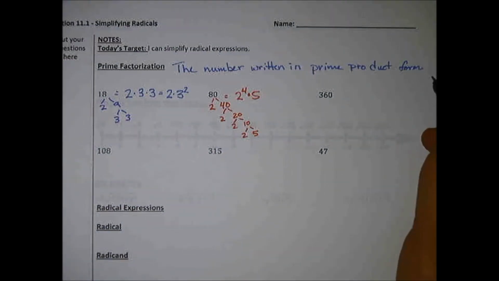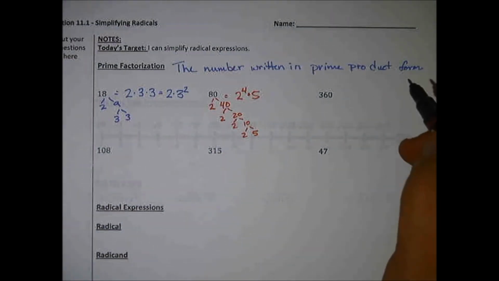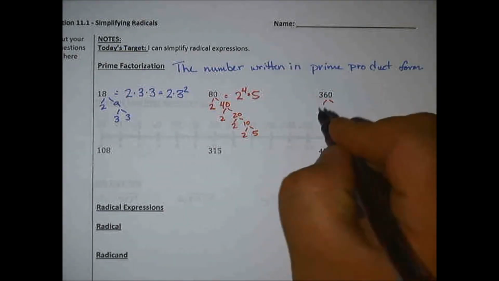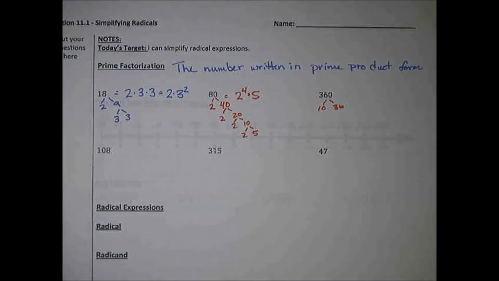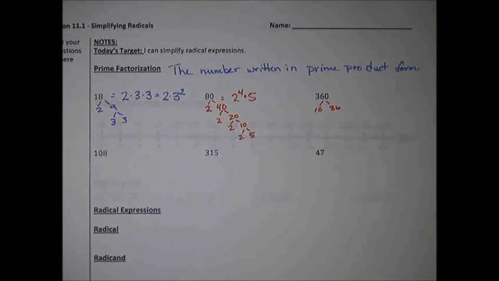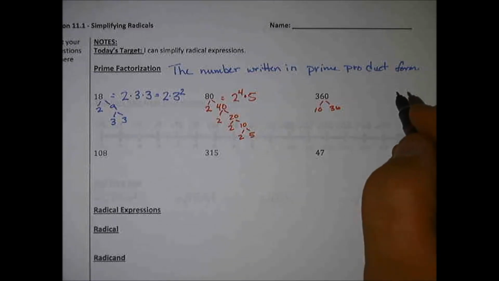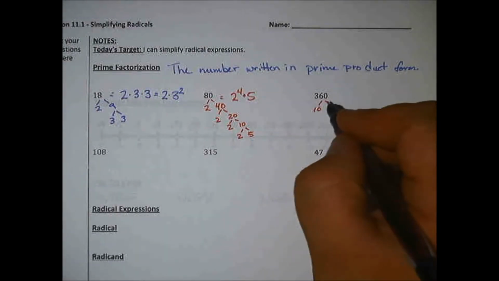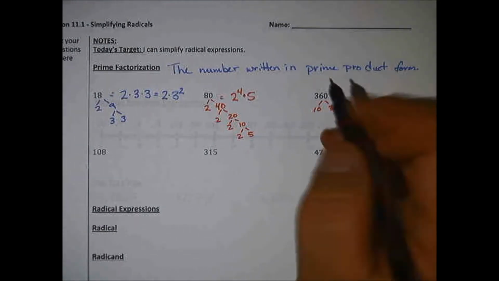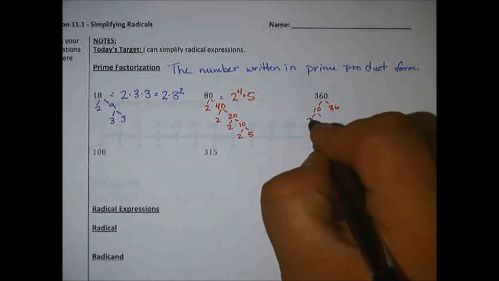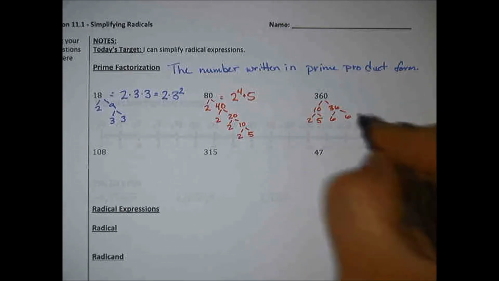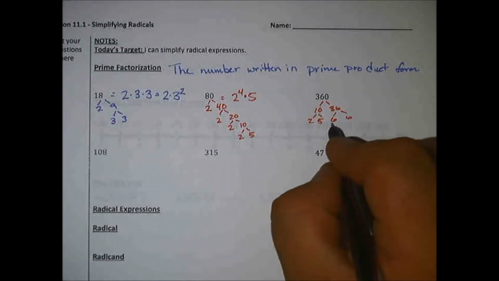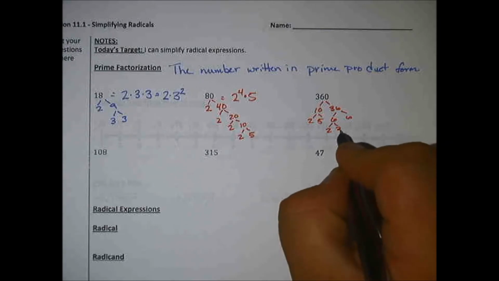Now, like I said, there's multiple ways to do these problems. Like in this one, since it ends in a 0, I would just go 10 times 36. I'm not saying that either way is easier, because it's really not. If you can think of two numbers that multiply to give you your number, maybe just go with that. I know that 10 splits up into 2 times 5, and 36 is 6 times 6. 2 and 5 are done, but each 6 is 2 times 3.